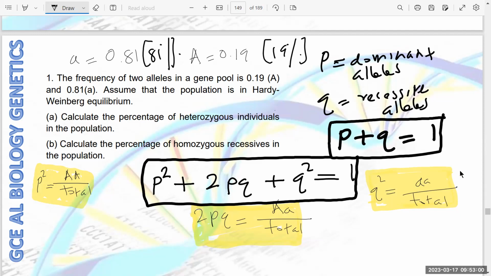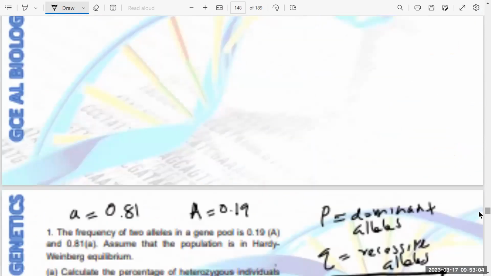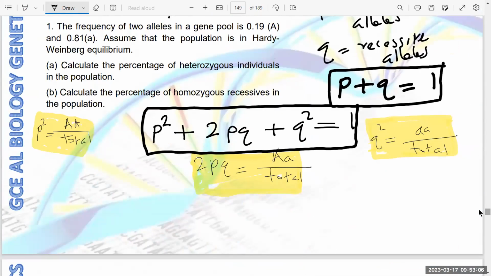First one. Calculate the percentage of heterozygous individuals in the population. Now, heterozygous individuals are represented, according to the Hardy-Weinberg equilibrium, by 2pq. So 2pq is the heterozygous individuals in the population.